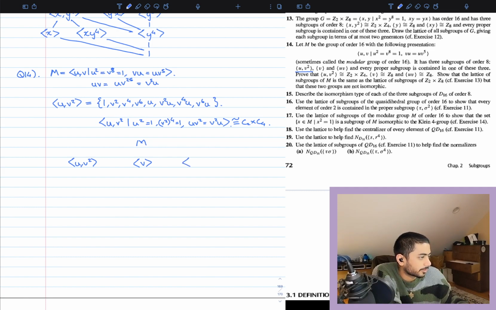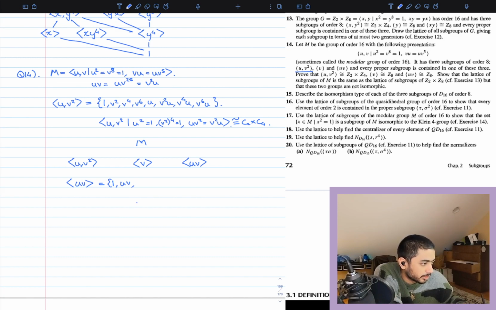And then we've got UV, which should also generate a cyclic group. So let's just look at the powers of UV. So the group generated by UV contains the identity, it contains UV, then it contains weird.